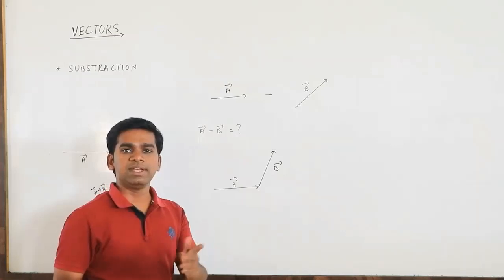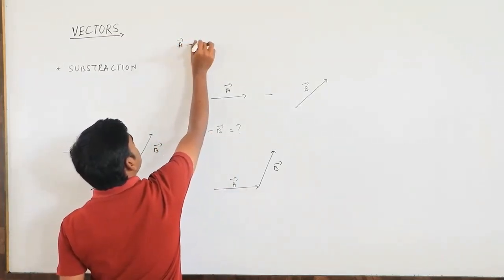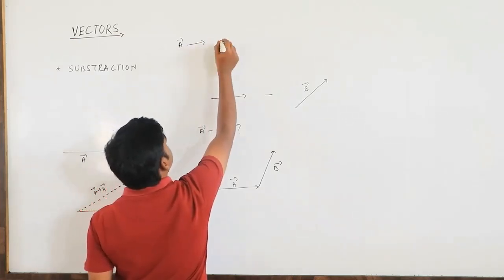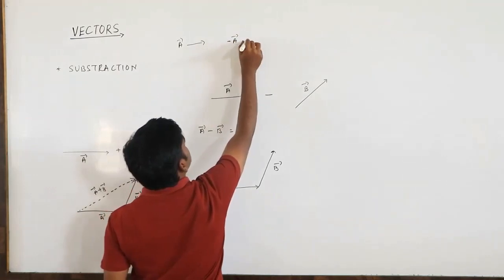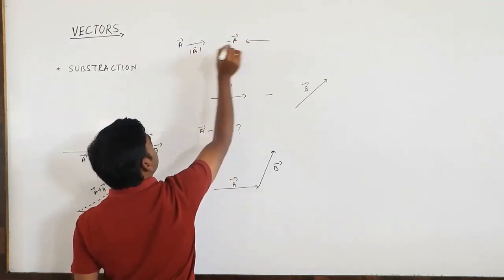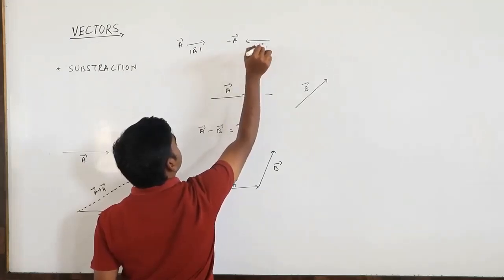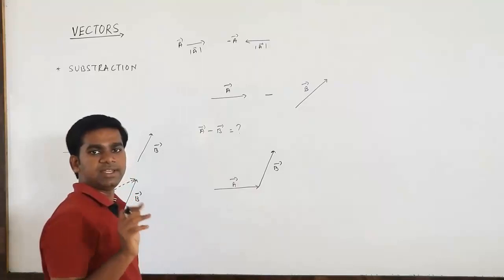That is what we call the negative of a vector. Okay, so if you have vector A in this direction, what is the negative of vector A? The negative of vector A is in the opposite direction with the same magnitude. The magnitude of negative A is equal to the magnitude of vector A, but the direction gets changed. That is what we have discussed.